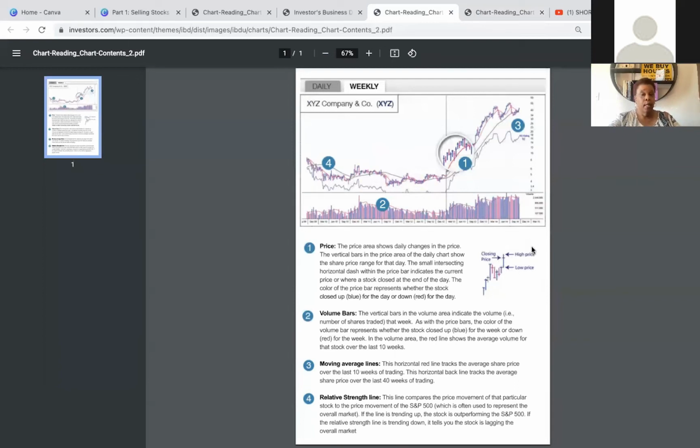When it's close to the high price, that means the buyers controlled the price and kept it close to the high point versus the sellers. If the line was red, that lets you know the sellers were stronger in the movement of the price for that day.